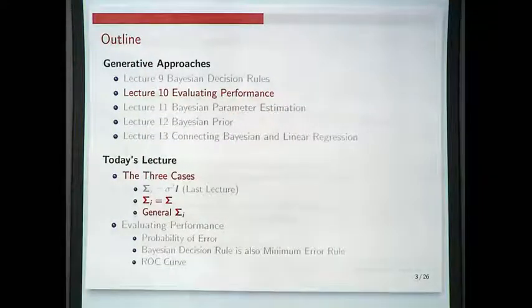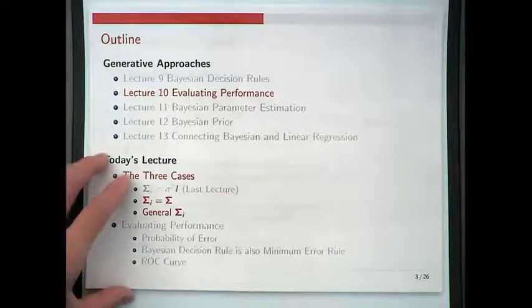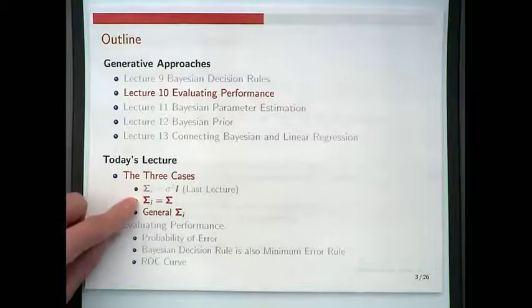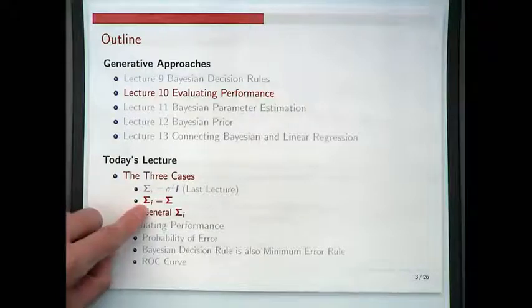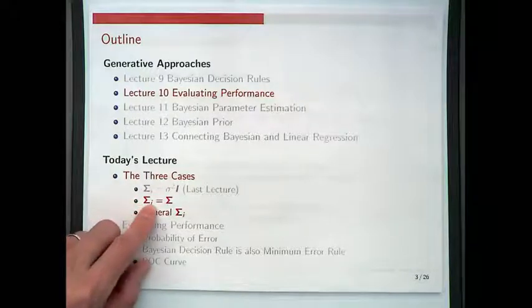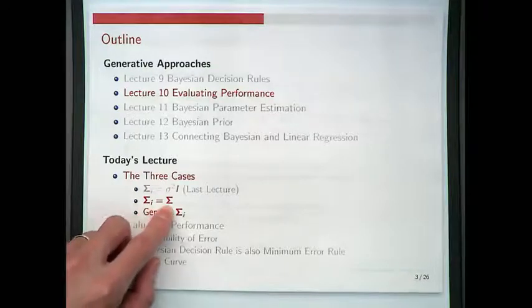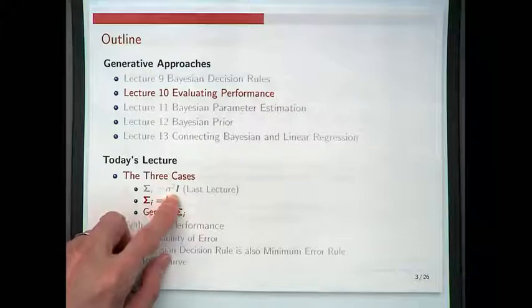Okay, so this is the outline. There are two parts of today's lecture. The first part is the continuation of last lecture, where we want to talk about two of the three cases. These two cases are when your covariance matrices are the same. However, they do have a covariance matrix. It's no longer an identity matrix.